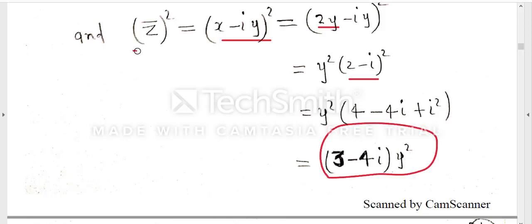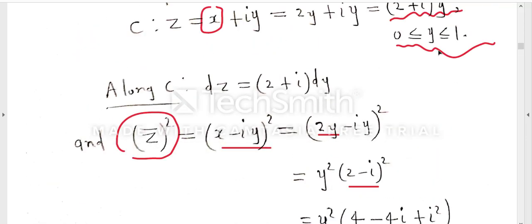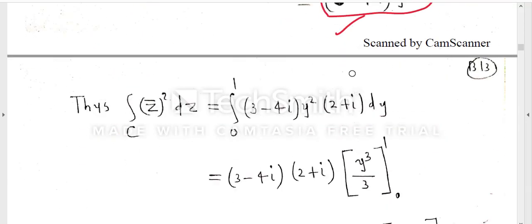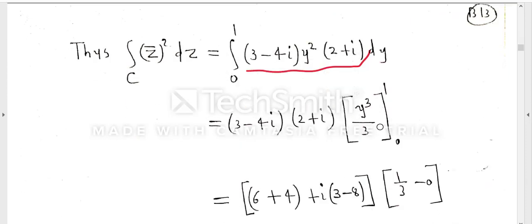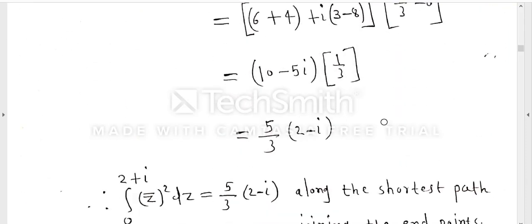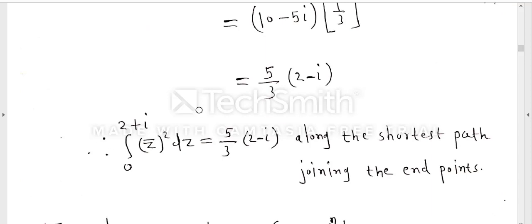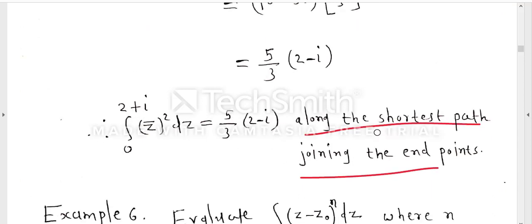So you can see z bar square is converted in terms of only one variable y. y is from 0 to 1. So using all these things, we will obtain this. Now (3 minus 4i)(2 plus i) is constant. The integral of y square is y cube by 3. Okay, so this is the value of the contour integral along the shortest path joining the endpoints.